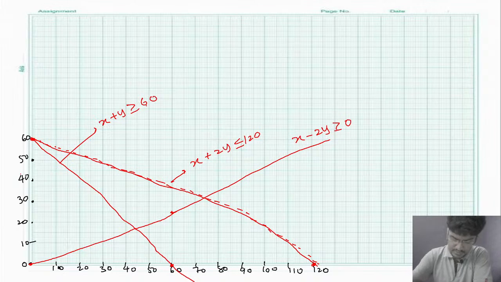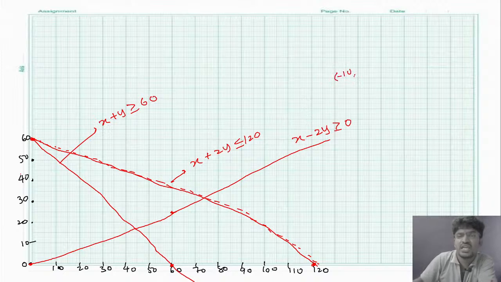So now we have to check the true or false for the line passing through the origin. Here you have to take minus 10 comma plus 10.